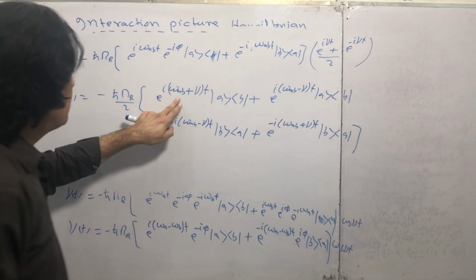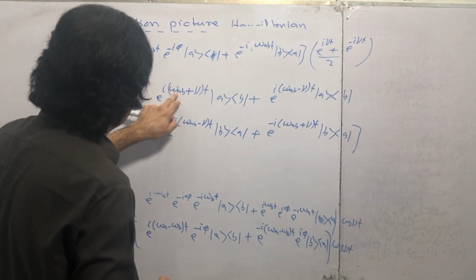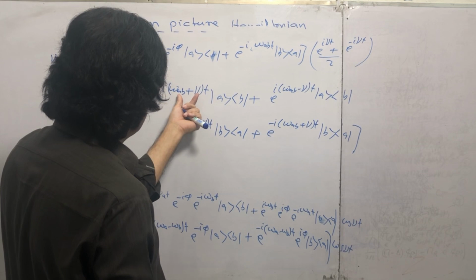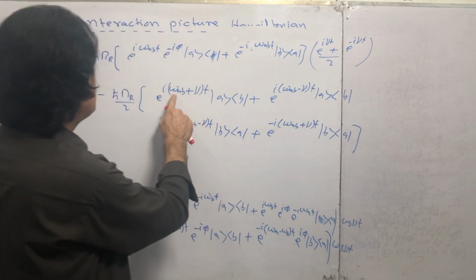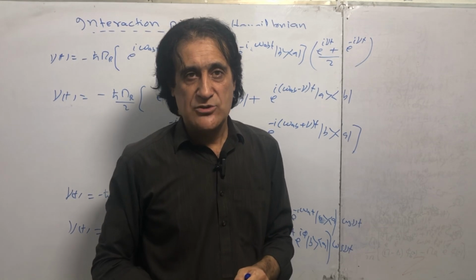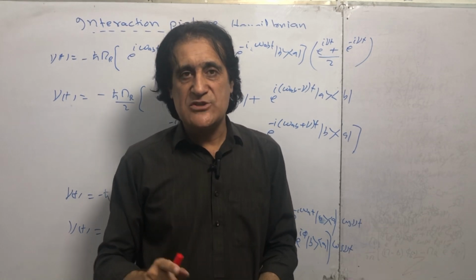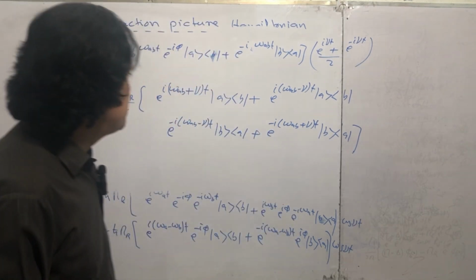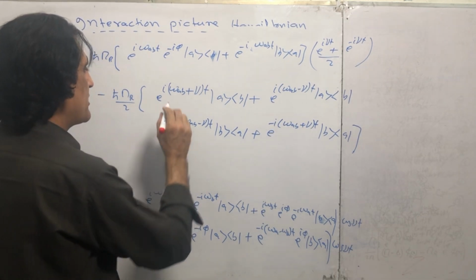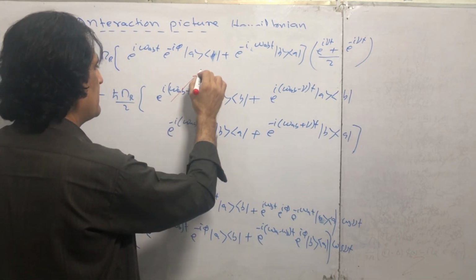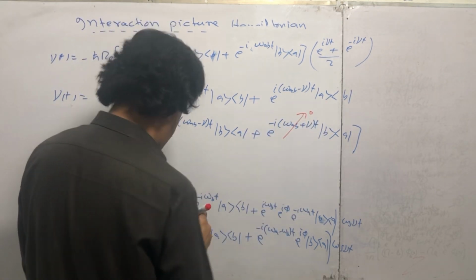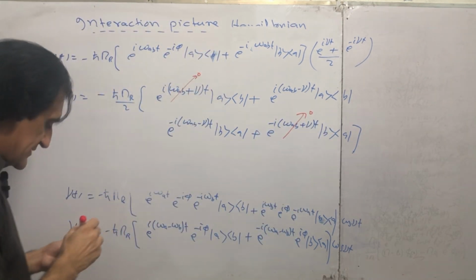Last time I discussed transition frequency plus field frequency, and these two are in the order of 10 to the power 15 hertz. So this term is a very highly oscillating term, and due to the rotating wave approximation, we must ignore this term and this term, and we ignore this term.